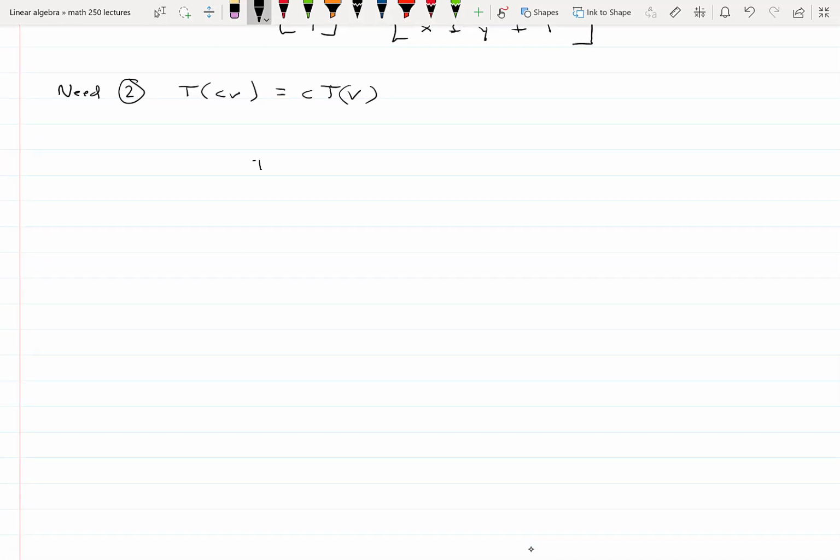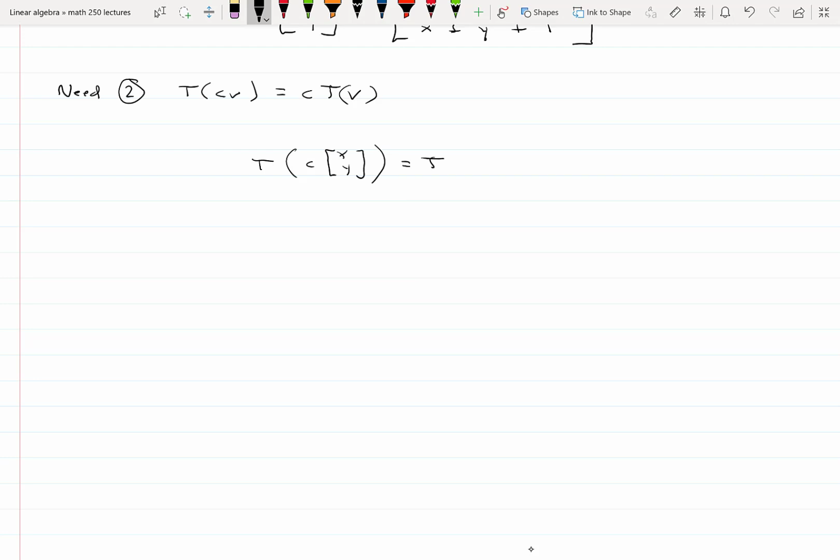So let's see what T does to C times a vector.